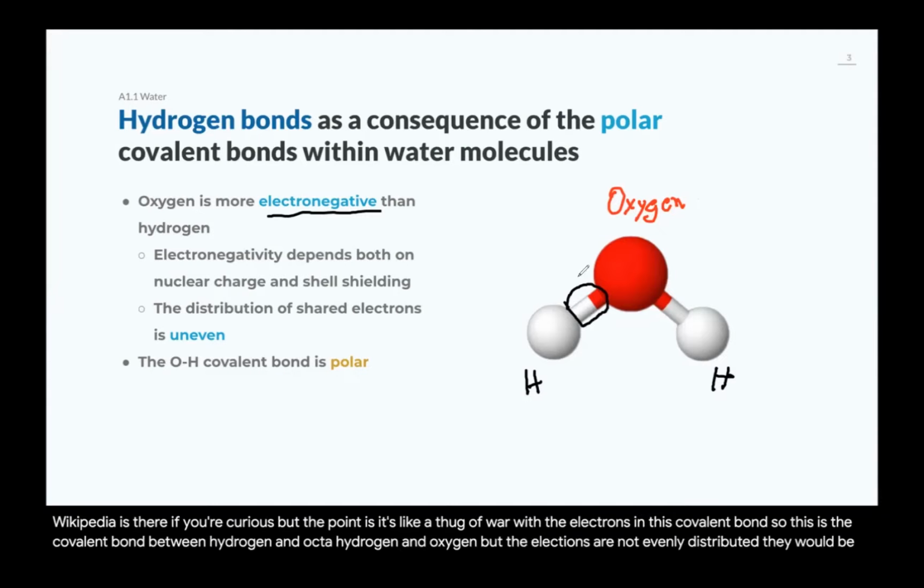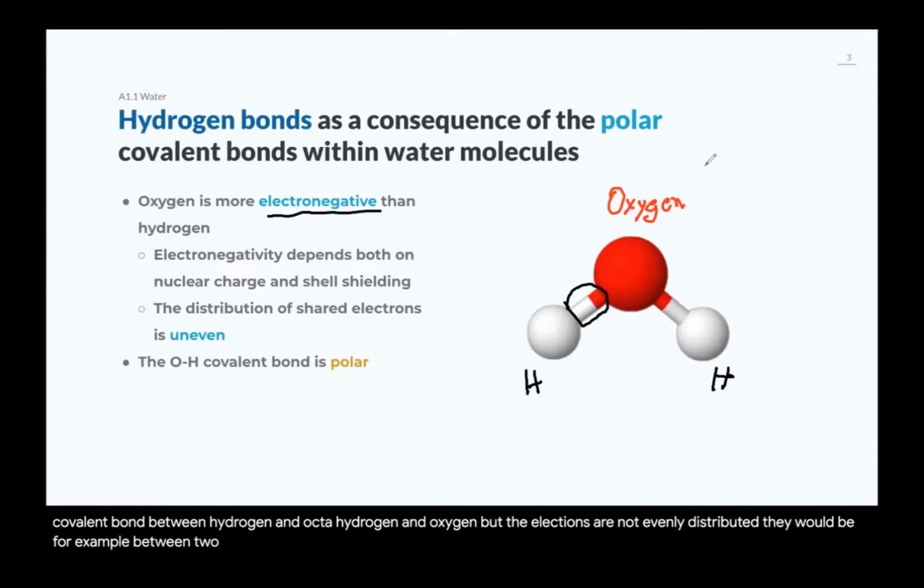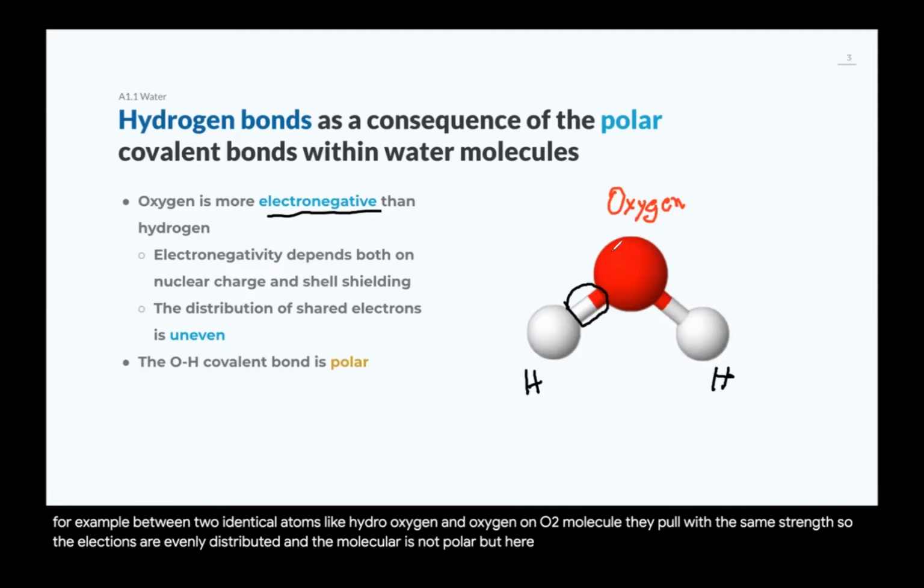They would be, for example, between two identical atoms like oxygen and oxygen in an O2 molecule. They pull with the same strength, so the electrons are evenly distributed and the molecule is not polar.